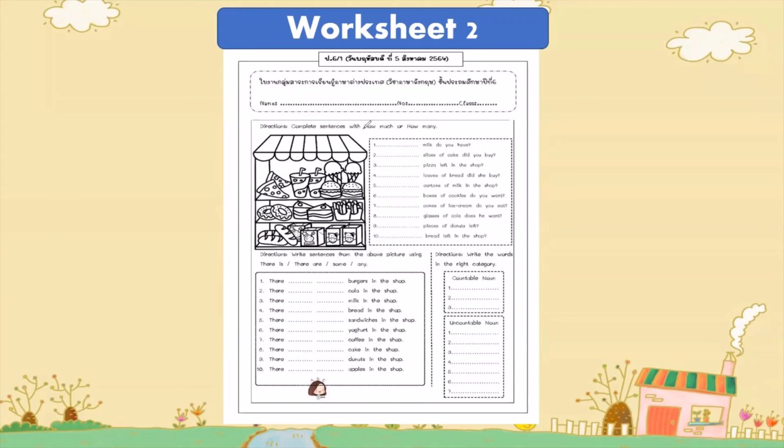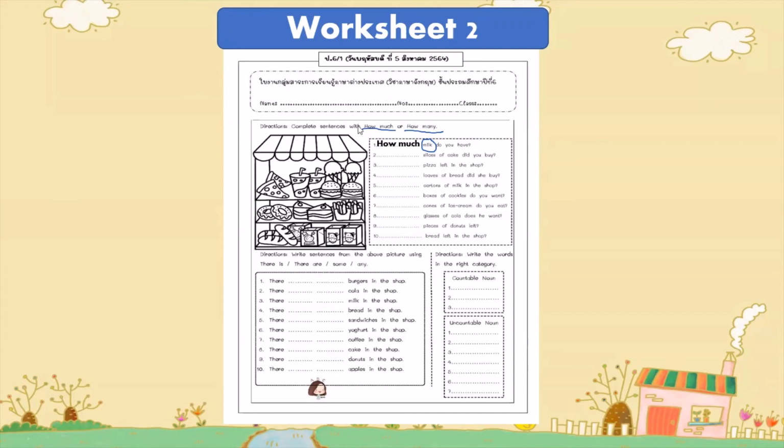Now Teacher Jenny will discuss how much and how many. For number 1, we have here milk. Can you count milk? No, you can't. So we are going to use how much. How much milk do you have?